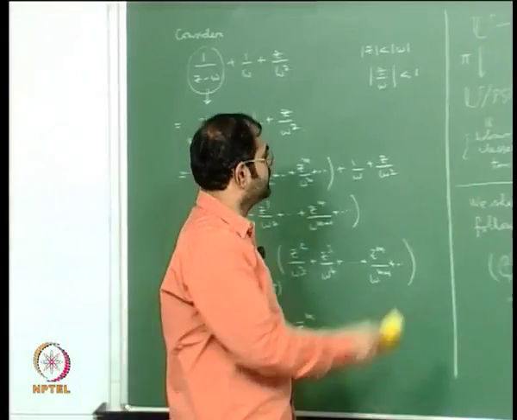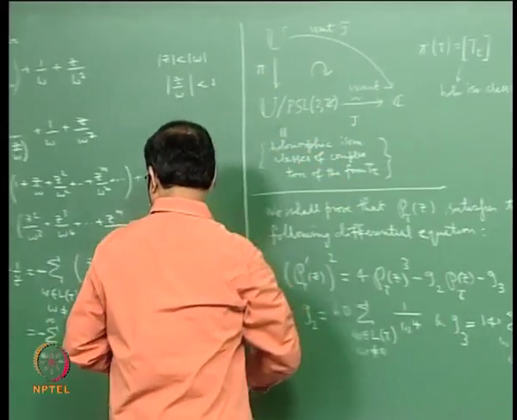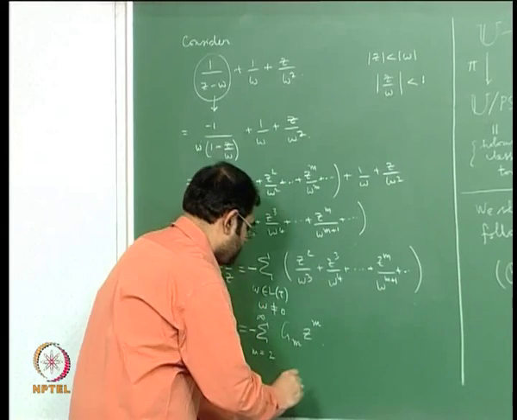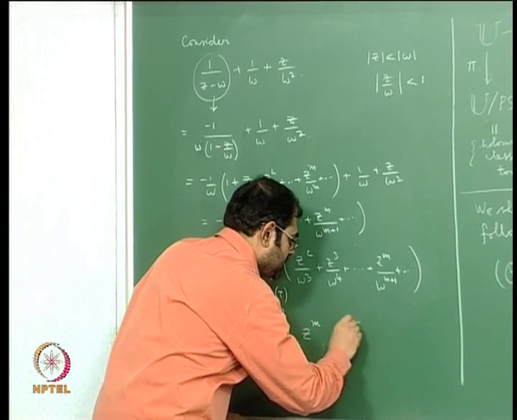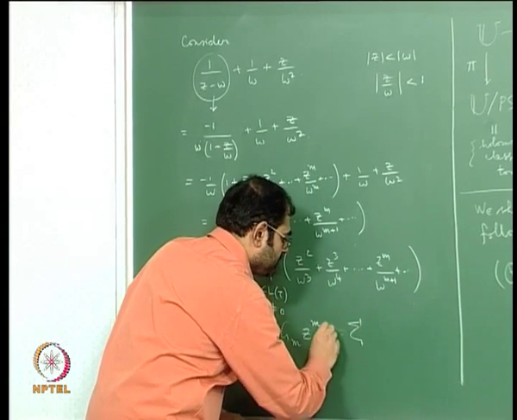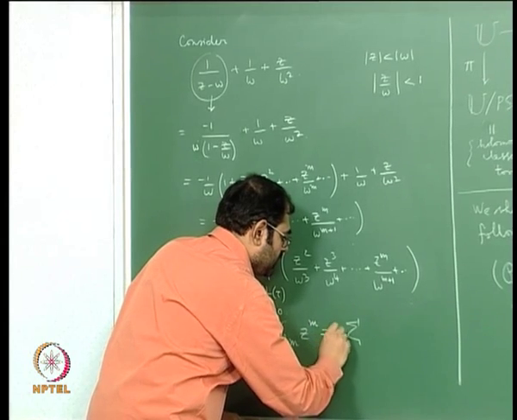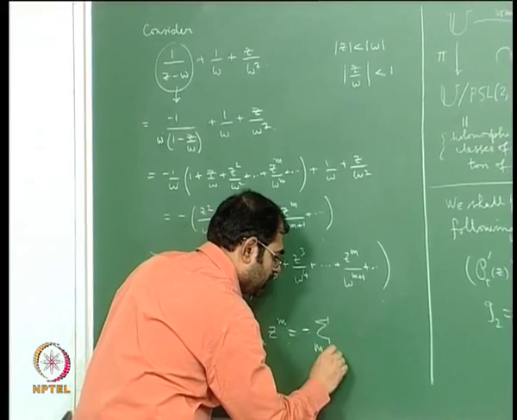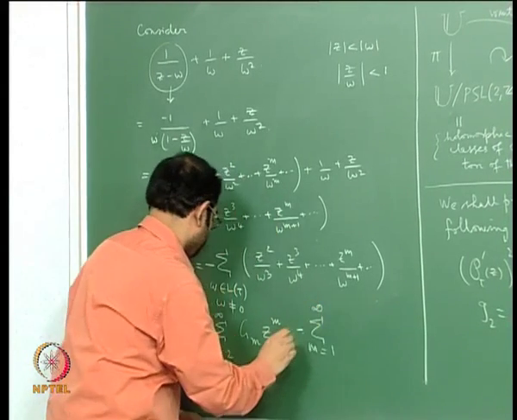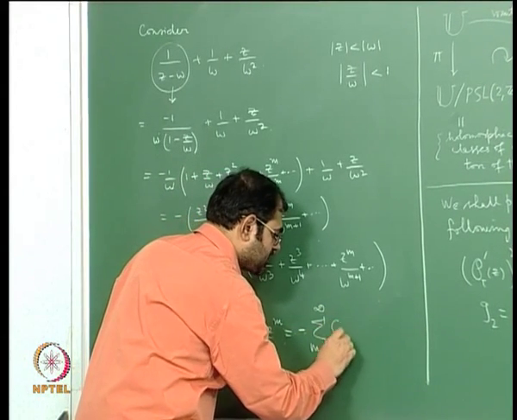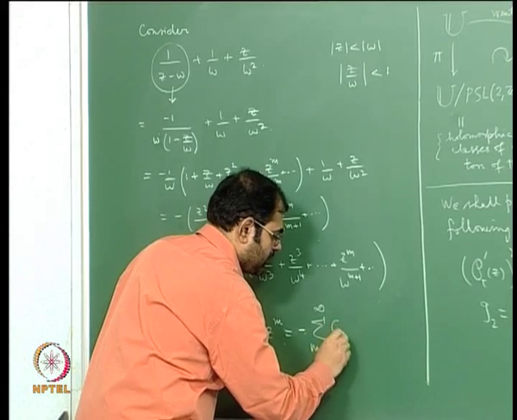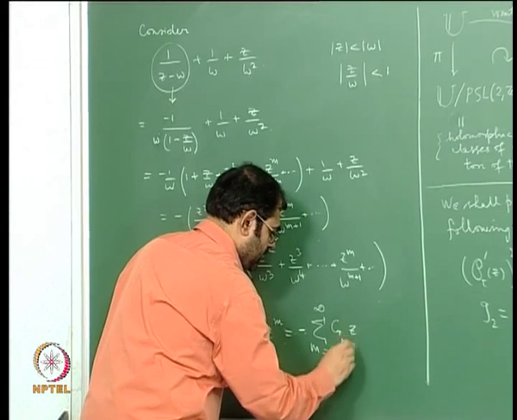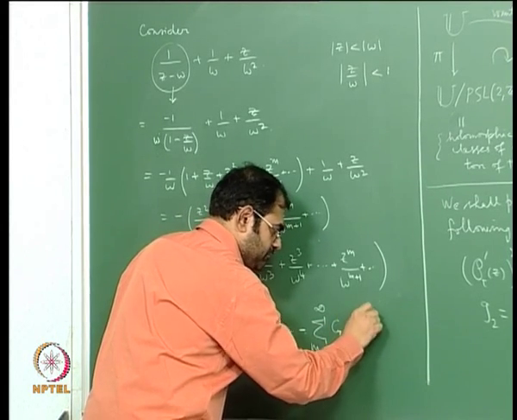Because of that, I can actually write it as minus sigma m equal to 1 to infinity, g sub m z power 2m minus 1.